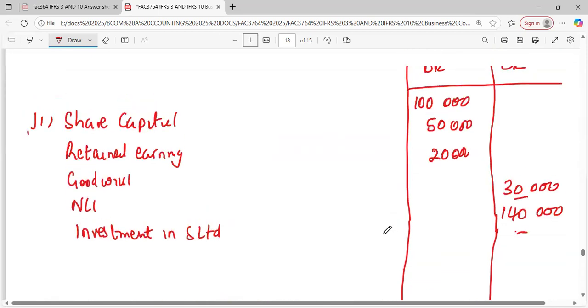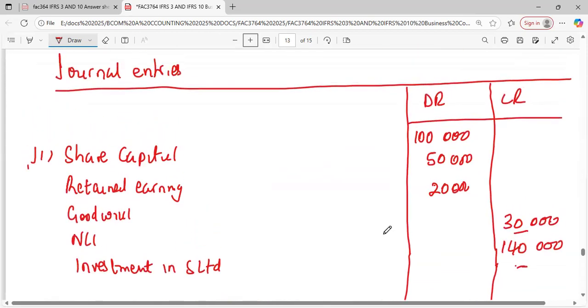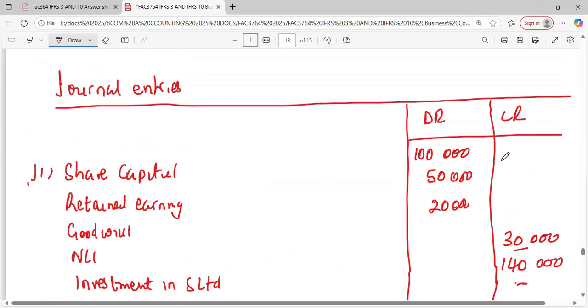Then when you come to here, you must be able to calculate the NCI. And you must be able to calculate the goodwill. When you are calculating your NCI without using the analysis, you just come here and say 100,000 plus 50,000 times 20%. That's the NCI. It must give us that.